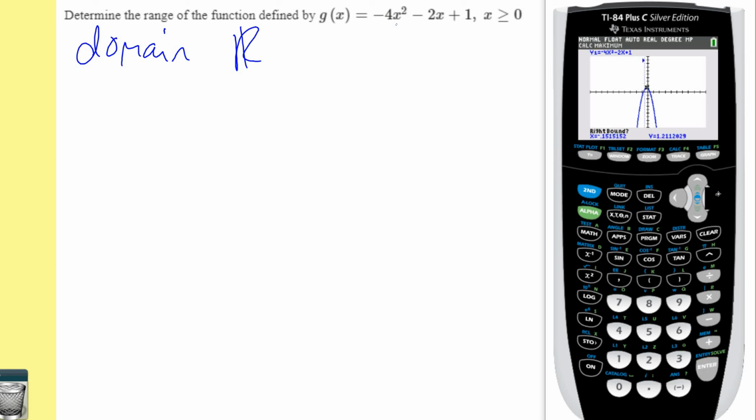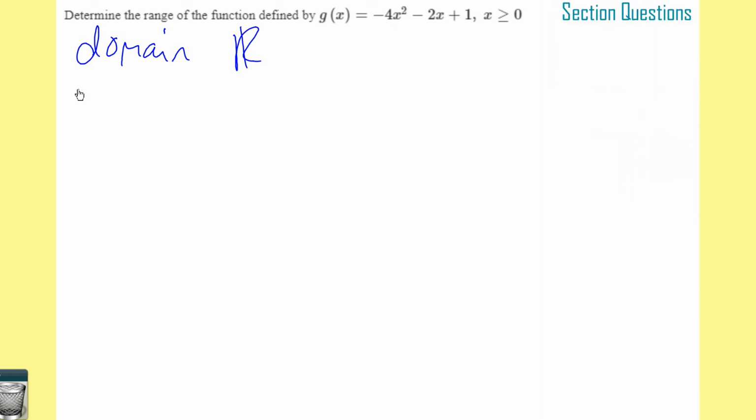I'm going to go a little over. Here's the right side. And then it says guess. So that's close enough. There we go. So the maximum is here. So the maximum y value is 1.25. So my range is everything is less than or equal to 1.25.